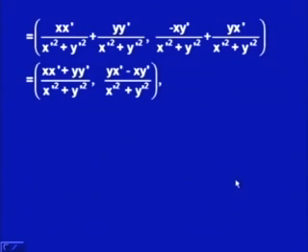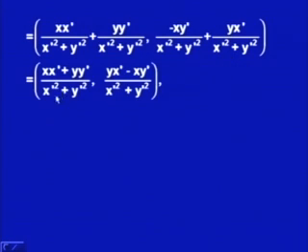And simplifying as the product of two complex numbers, we get x into x dash divided by x dash square plus y dash square plus y dash divided by x dash square plus y dash square as the real part, and the imaginary part will be minus x y dash divided by x dash square plus y dash square plus y x dash divided by x dash square plus y dash square.